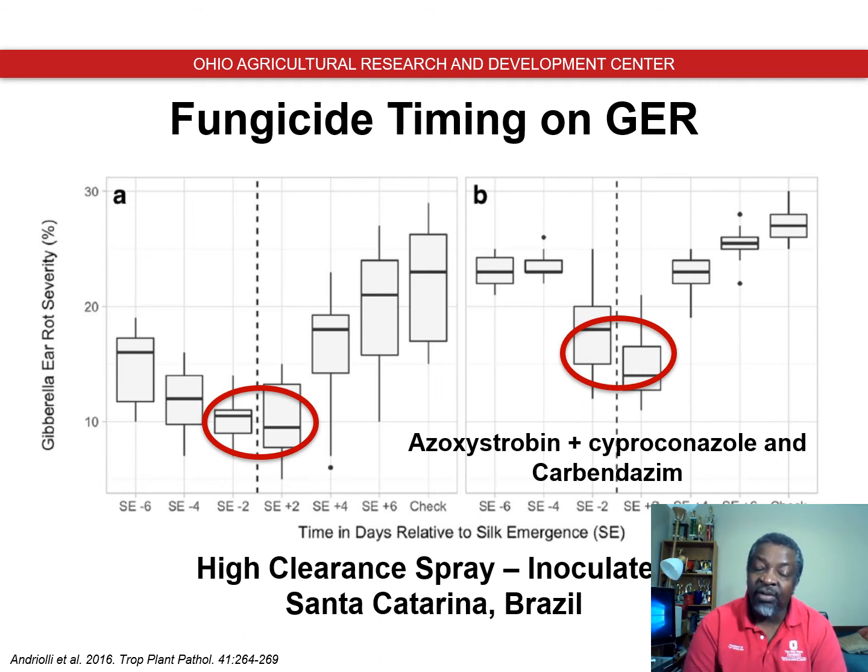Unfortunately, this trial does not report results on vomitoxin in the grain. But it serves to show that fungicides are most effective in reducing visual symptoms of Gibberella ear rot when the application is made close to that silking window, in this case, within 2 days of silking. As applications are delayed or made earlier, the efficacy is reduced and the results tend to be more variable.